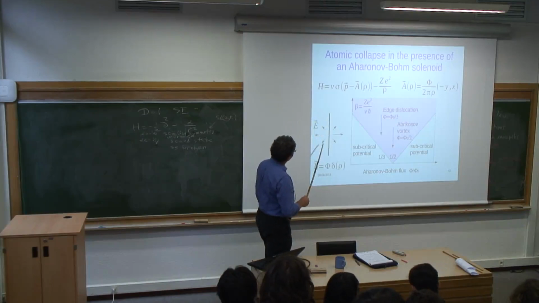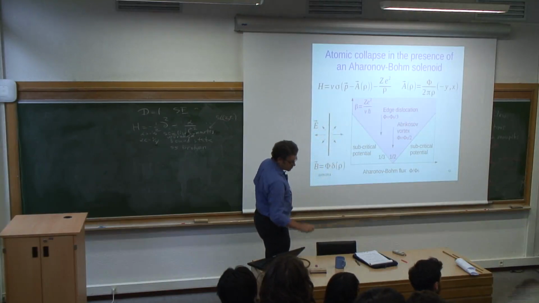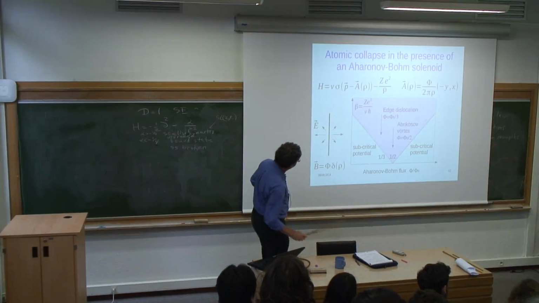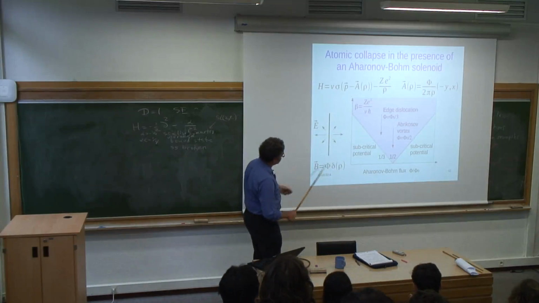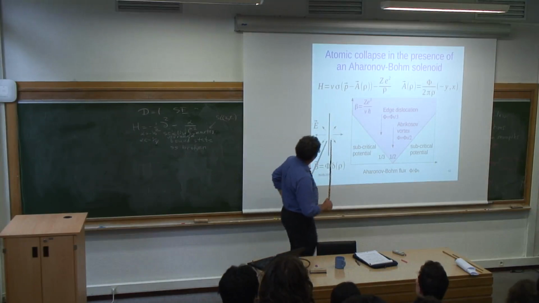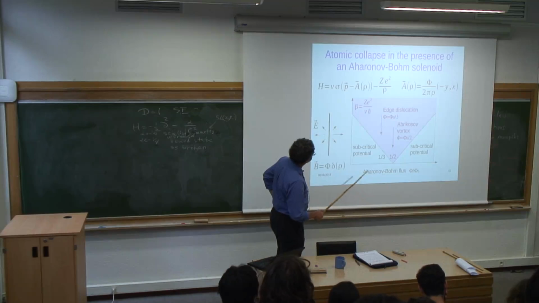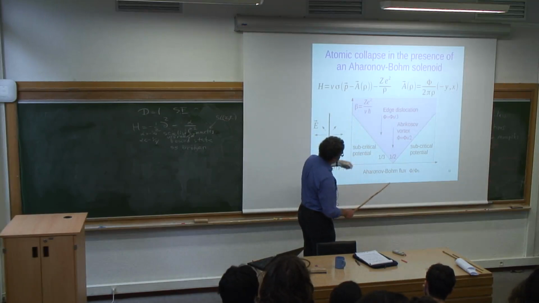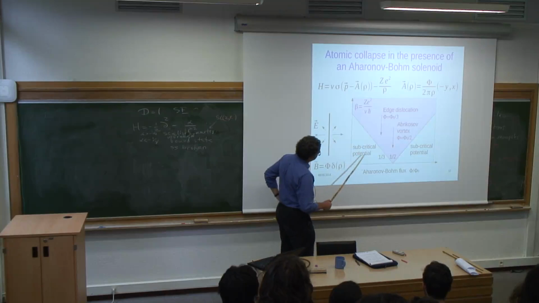In this model, we take an infinitesimally thin flux line, with magnetic field being a delta function concentrated in a flux tube, threading graphene right through where the charge impurity is positioned, and then you find that the threshold for collapse is suppressed by the presence of the flux.